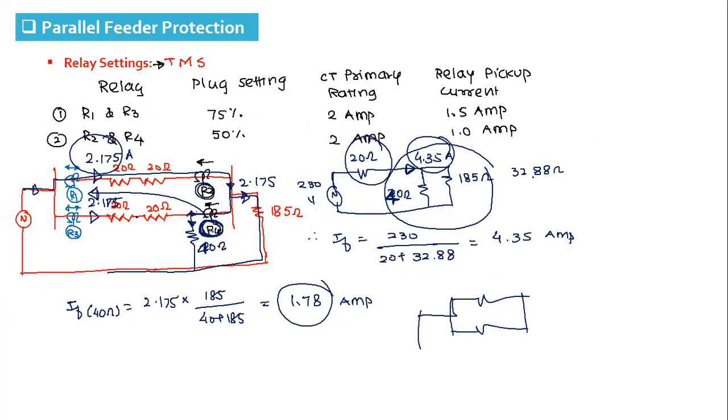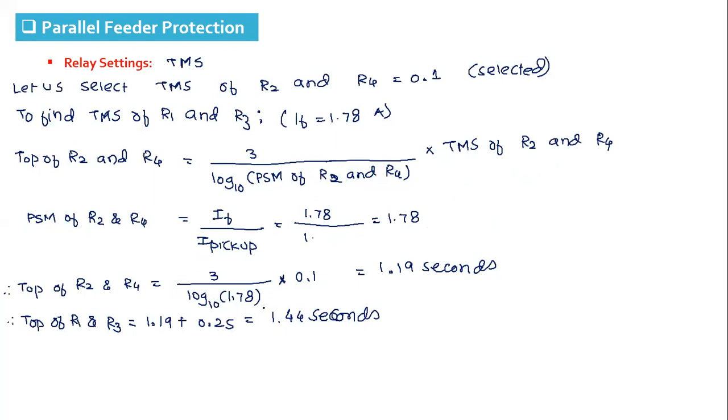What it means is, if relay R4 does not operate for this fault, R1 will operate. And suppose the fault is here, for example. Then if R2 does not operate, then R3 will operate after 0.25 seconds.